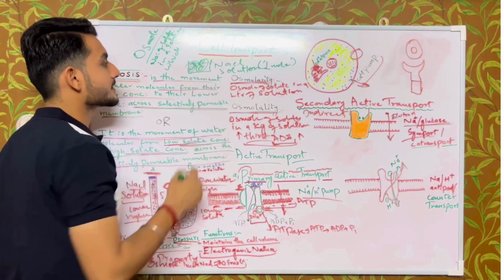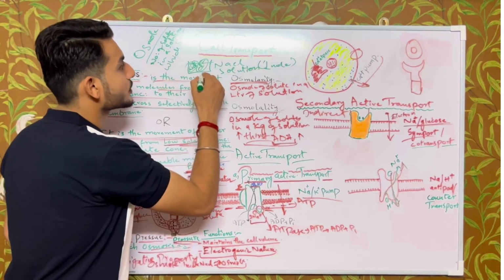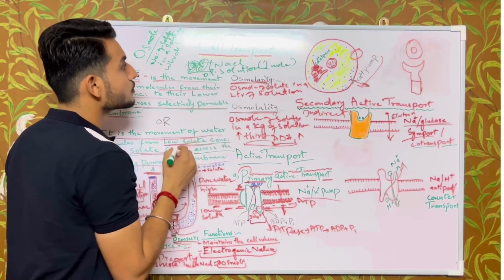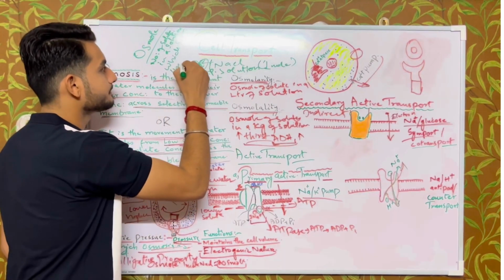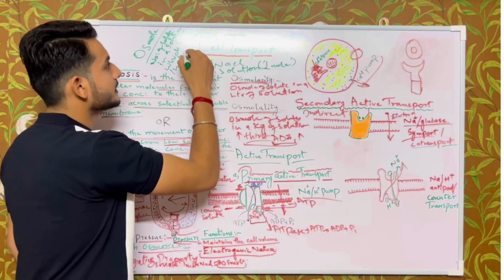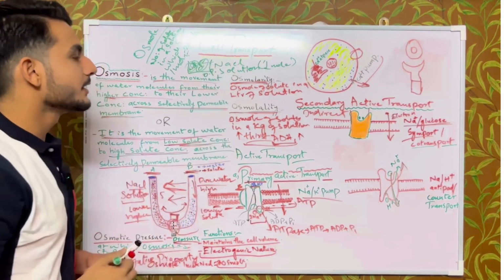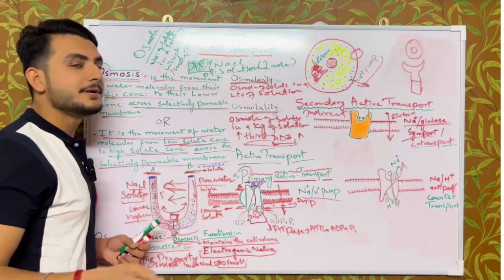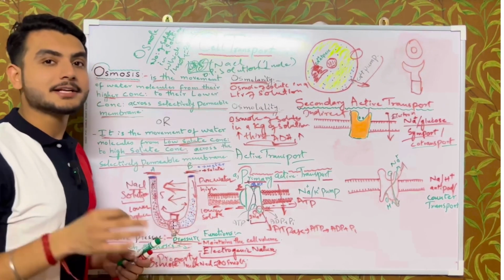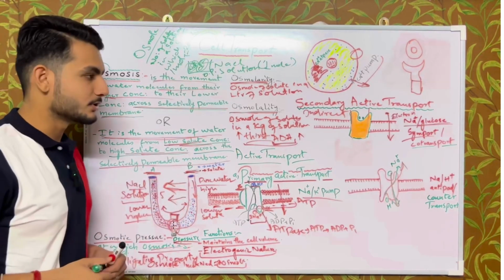These both ions will be contributing to the solution's osmotic pressure. So now 1 mole of sodium chloride solution is equal to 2 osmol, because this sodium chloride in a solution will be dissociated into their respective ions. That's why 1 mole of sodium chloride is equal to 2 osmoles.